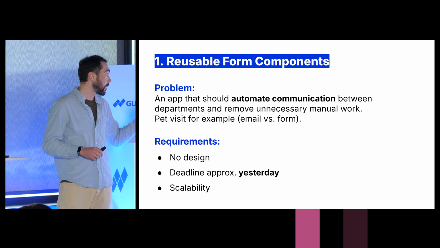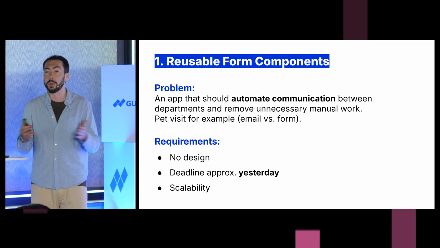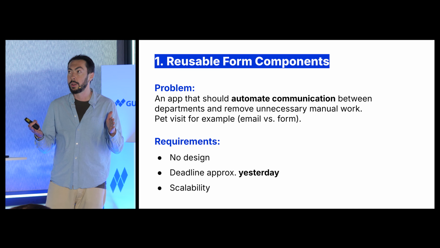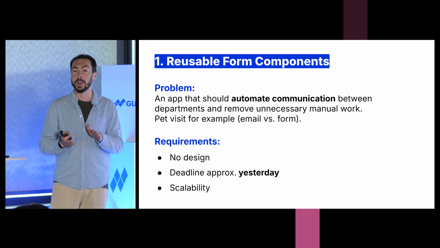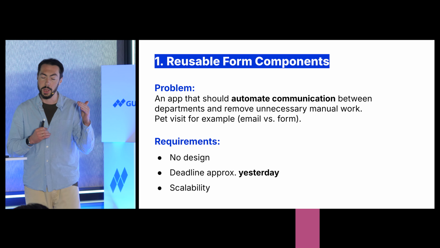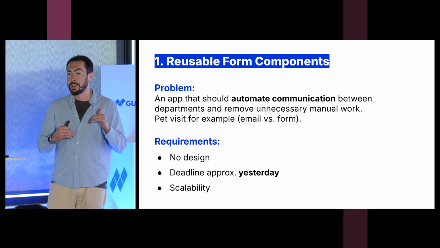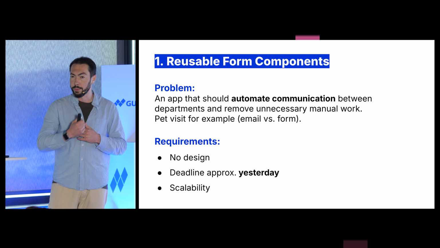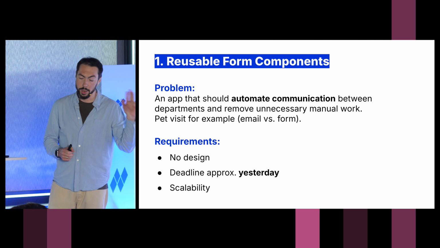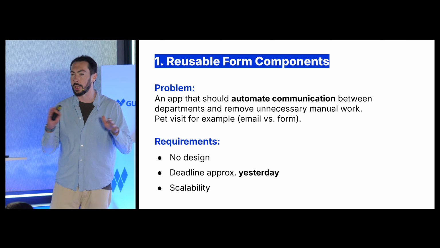But with an automation system, like we did, we built a form constructor, and every department can spend some time to think what information they need to resolve the issue. For example, for a pet visit, they require breed, vaccinations, date of visit, time of visit, and so on.